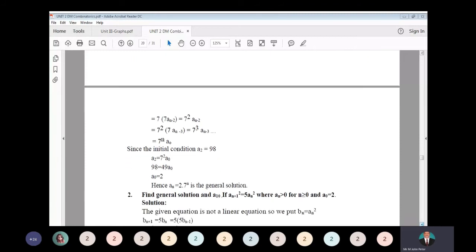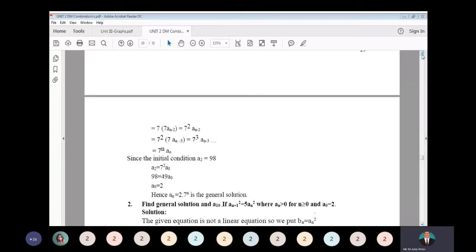Since the initial condition a2 is equal to 98, replace it in the formula: you will get a2 is equal to 7 square into a0. So 98 equal to 49 into a0, so a0 equal to 2. Hence an equal to 2 into 7 power n is the general solution.